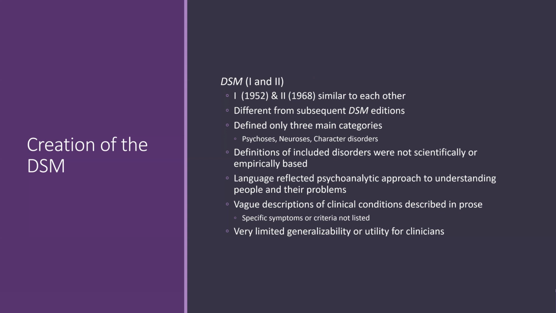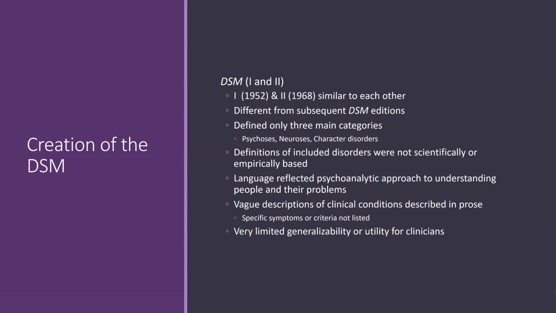So they were based on observations from clinicians. And the language that it is written in reflects a psychoanalytic approach to understanding people and their problems. And so the psychoanalytic approach is much more rooted in the unconscious, the things that Freud was working on related to the self and people's unconscious motives. This is very different from how the current DSM is written.